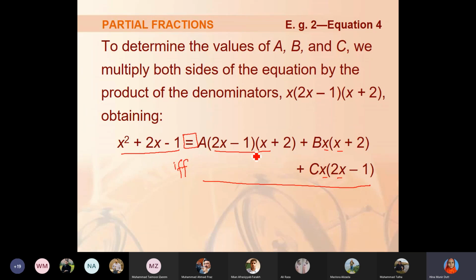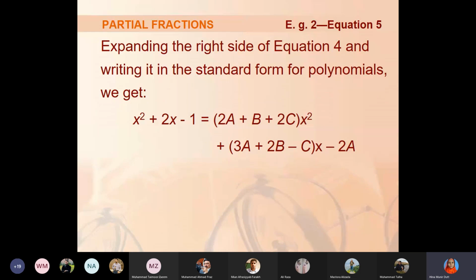The coefficient of x square of both the polynomials is equal, the coefficients of x of both the polynomials are equal, and the constants are equal. Means the coefficient of x square over here is 1 and over here it is, I have to multiply this with this, and this and this, and I will get it. Now I have sorted the terms.